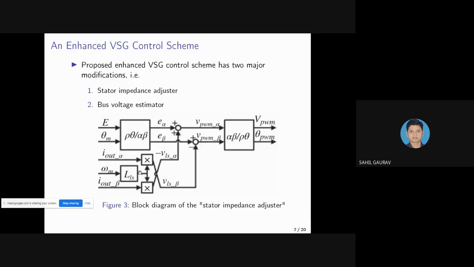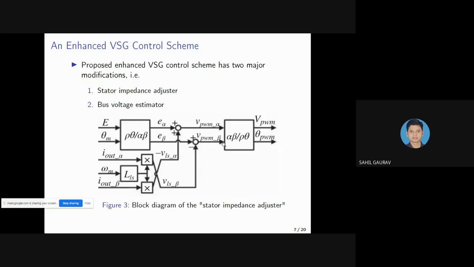So LLS is the virtual inductor, and omega m is the virtual angular frequency of the swing equation block. Multiplying these gives us V minus VLS alpha and VLS beta, which is added to E alpha and subtracted from E beta, and we get the reference voltage for our PWM block in the alpha beta frame.